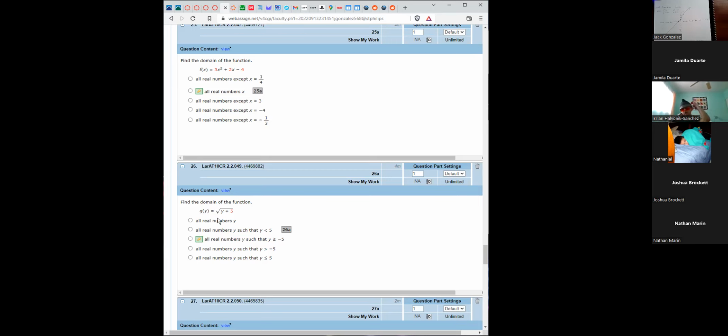Look at number 26, right? At some point, it's going to become negative inside. What is the lowest number I can plug in there, the most negative value?